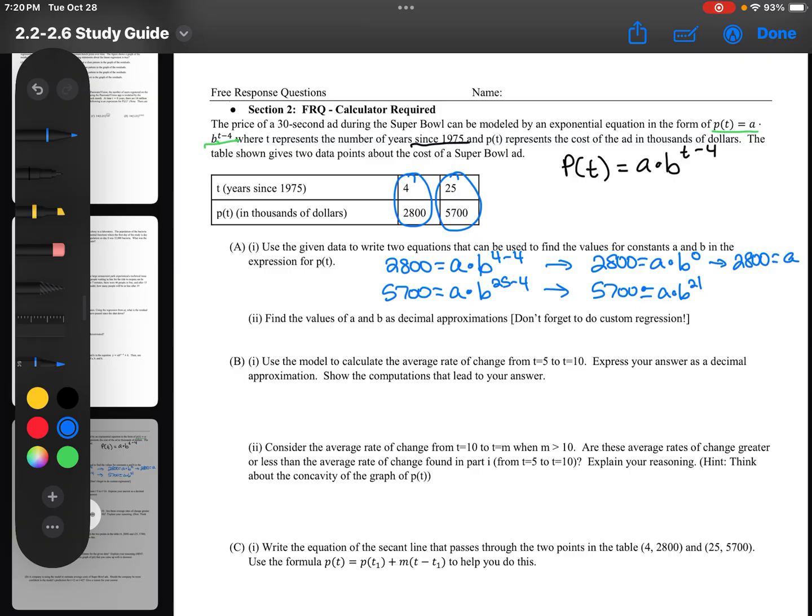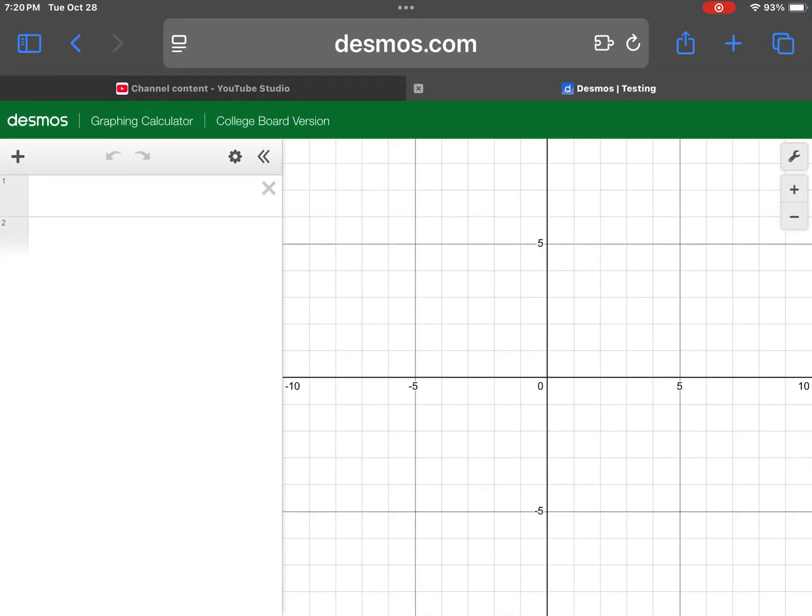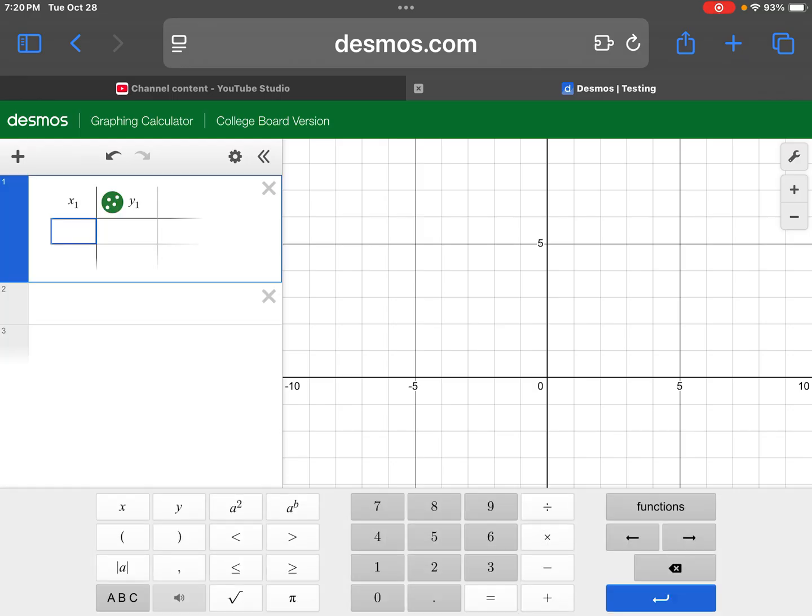For this one, we're going to have to do a custom regression on Desmos. Let me show you how to do this. I'm going to navigate between my screen here, and here is my College Board Desmos. Make sure that you are on the College Board version. We're going to add a table.